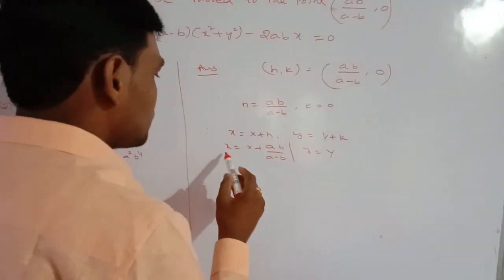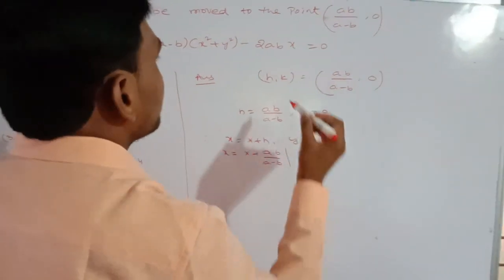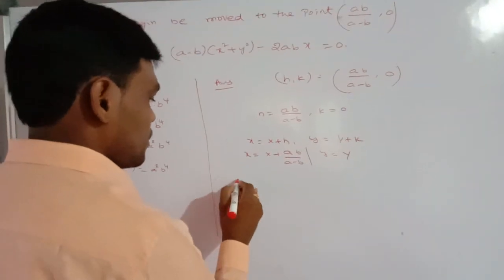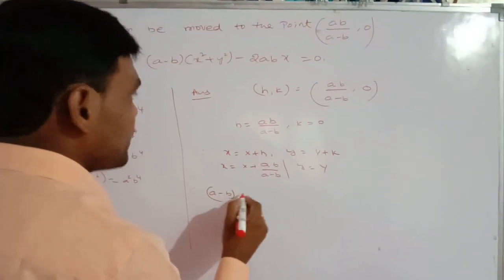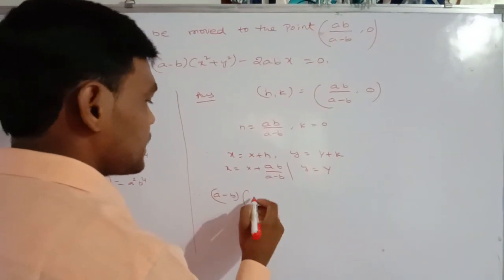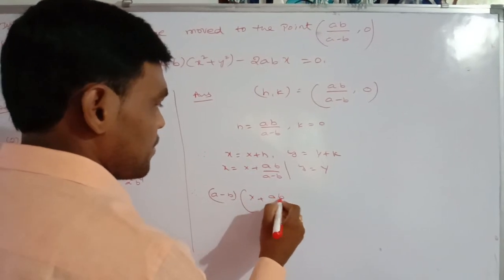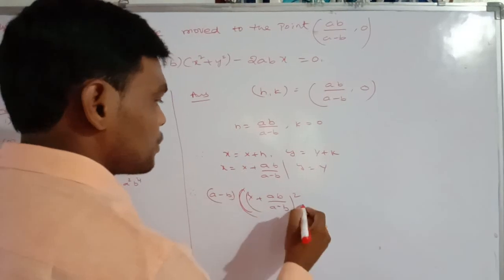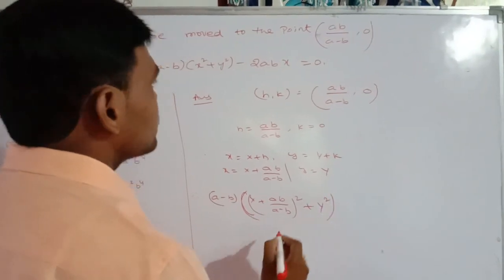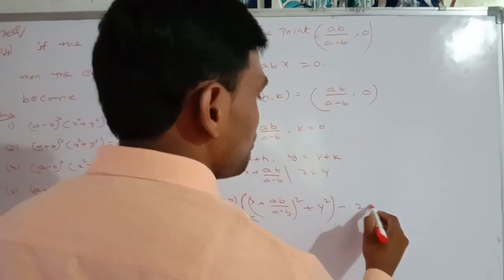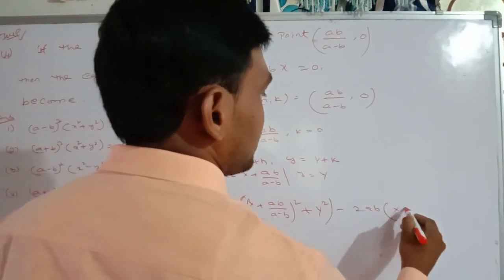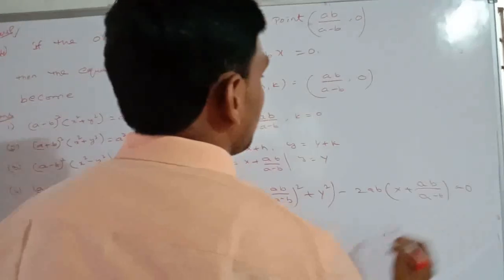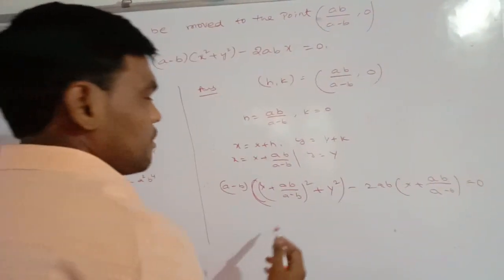Now substituting the values of small x comma small y in the given equation. Therefore a minus b into x plus ab by a minus b whole square, this is x square, plus small y means capital Y square, minus 2ab into capital X plus ab by a minus b is equal to 0, and now solving the equation.